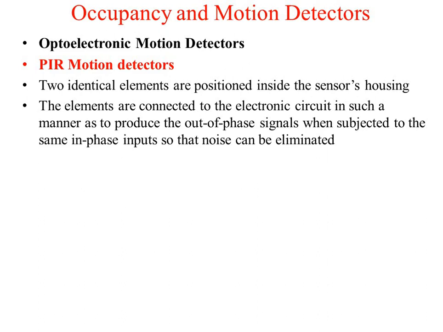So the same input is applied, and they will try to cancel the effect of each other. So the noise or the interferences that cause such kind of effect on the PIR sensor will not affect the overall error that will be caused in the sensor.